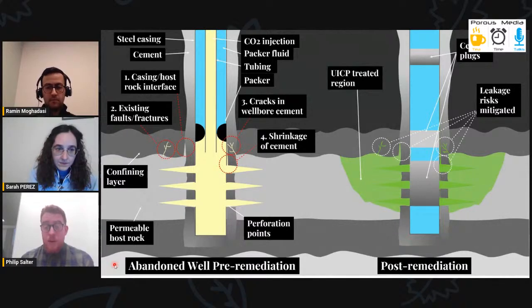In addition, if we are to repurpose oil and gas infrastructure for CO2 injection, there can be unconsolidated and high permeability regions around the well, which reduce sweep efficiency, that is the lateral migration of CO2. The aim of this project is to design a toolbox of solutions using induced carbonate precipitation to remediate oil and gas wells.